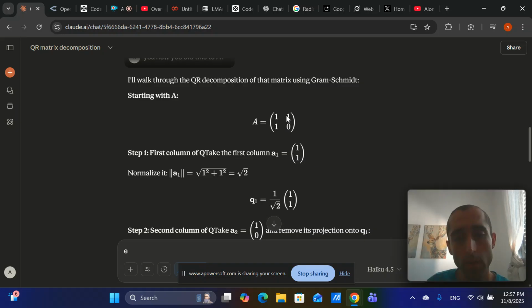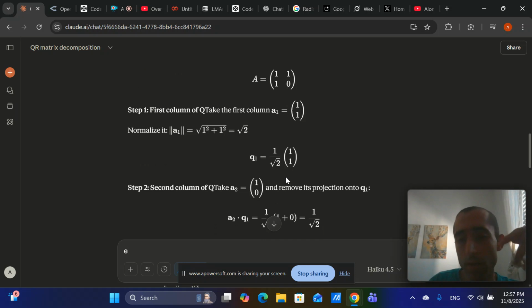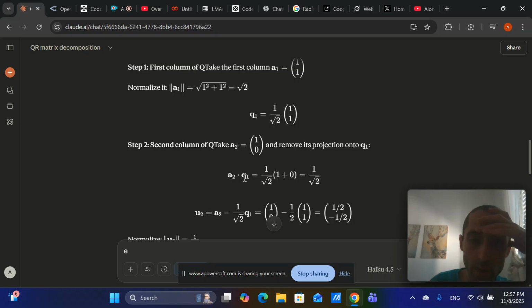Now we get to the second column of A, this is 1, 0. We need this column to be orthonormal to what we just found, to Q1. But it is not, so we need to take the part that is not orthonormal, remove it, and normalize the vector. So A2 will be 1, 0, and we will take the projection of A2 onto Q1, and we want to remove this.